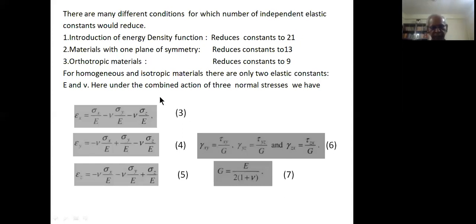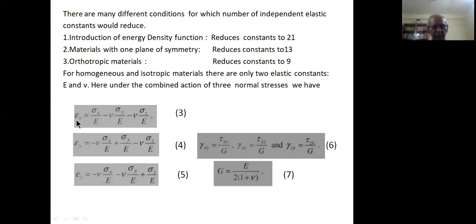And here, the constitutive equations come down to a very simple form. We can write it even without going into the tensorial form, by looking at the Poisson's effect.